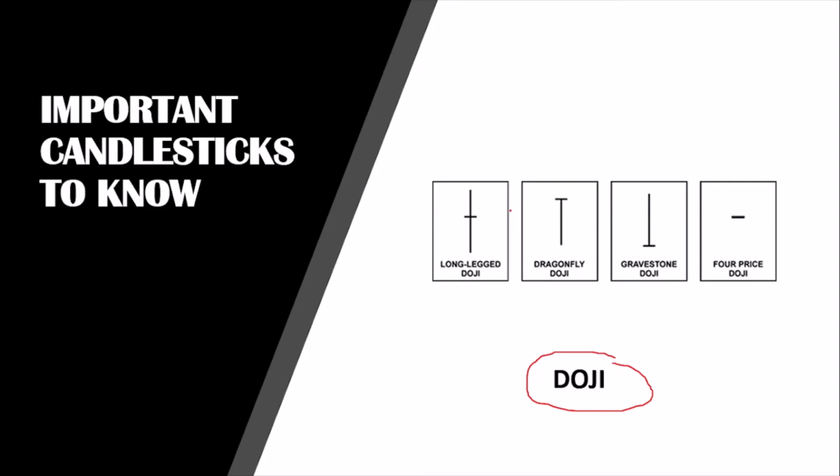So a doji candlestick, you're going to identify these candlesticks with no body at all. Most of the time they do not have bodies, but at times they may have very, very small bodies looking like a spinning top. So we have your long-legged doji, your dragonfly doji, where you have the open and close very, very close to each other. Very, very small body, but a very long wick.